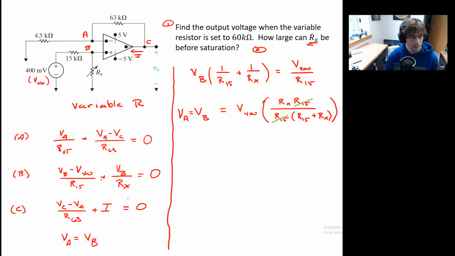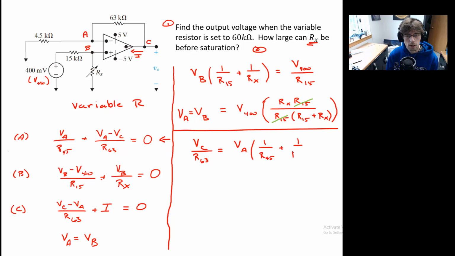So let's see here. Now that I have an expression for VA, I can use my first equation to find VC. So let's go ahead and do that. I have VC over R63 equals VA times 1 over R45 plus 1 over R63.